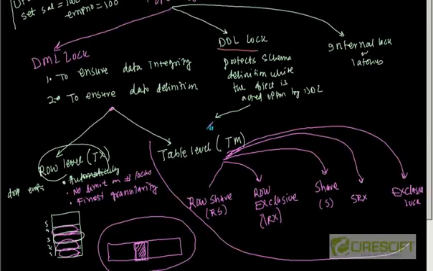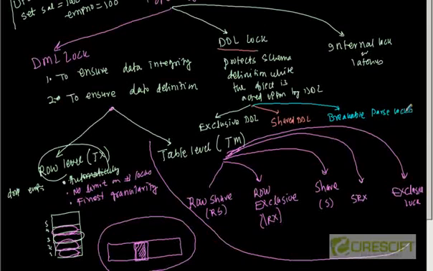The first is called exclusive DDL lock, the second is called shared DDL lock, and the final one is called breakable parse lock. We're going to discuss these 3 types of lock and when they are acquired in the next slide.